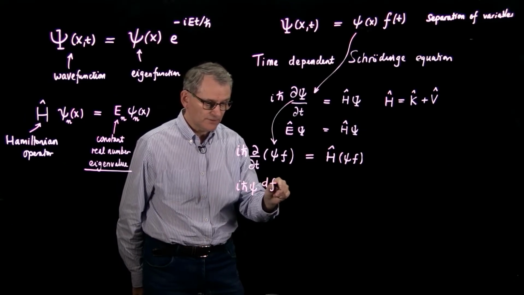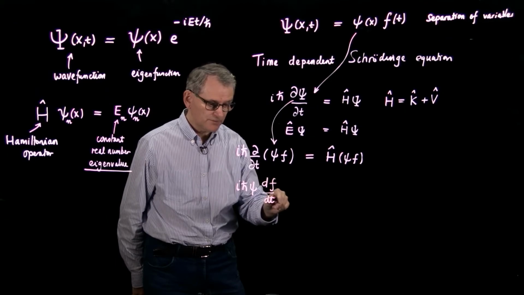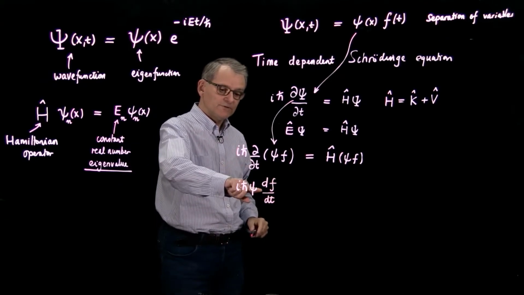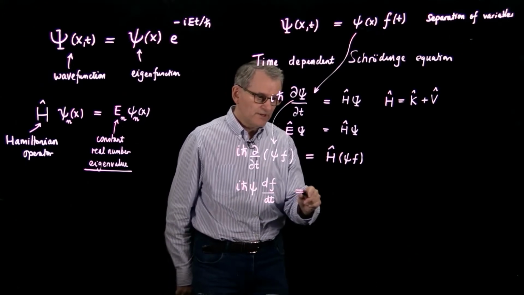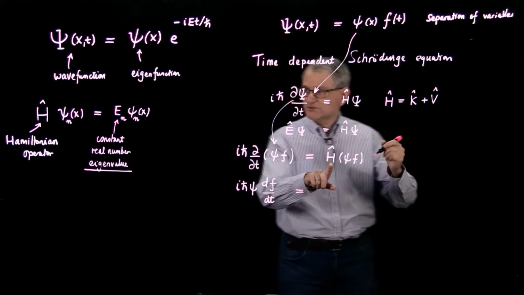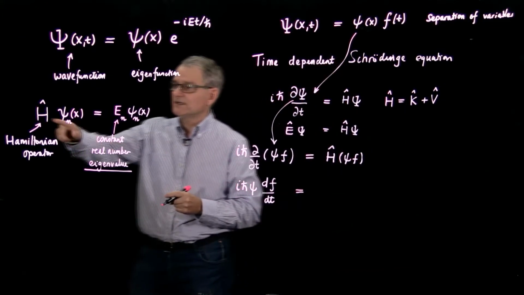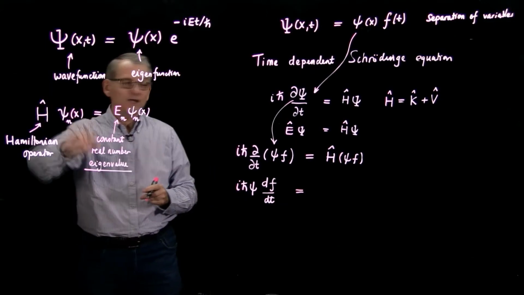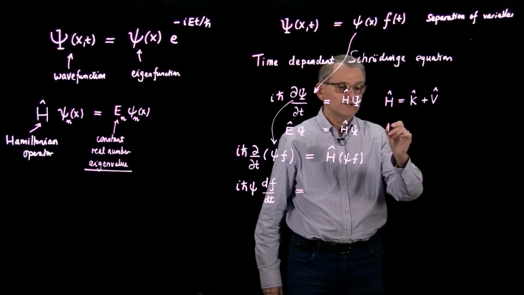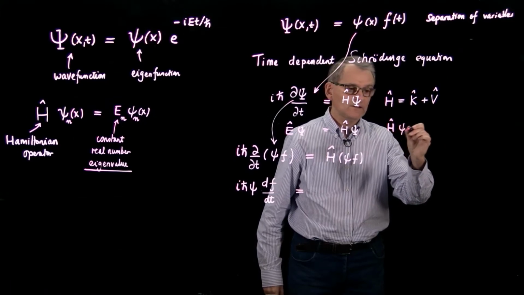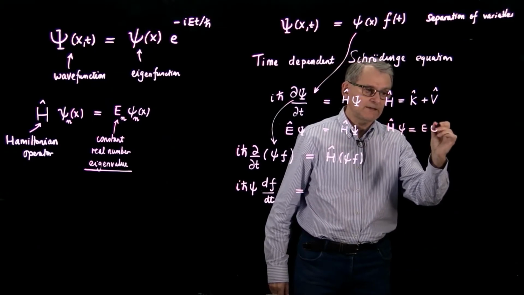Because this depends only on time, I'll turn the partial derivative into an ordinary derivative. And likewise, the Hamiltonian, as we're seeing from this eigenvalue equation here, the Hamiltonian acts on the spatial part, and it will give me the energy.